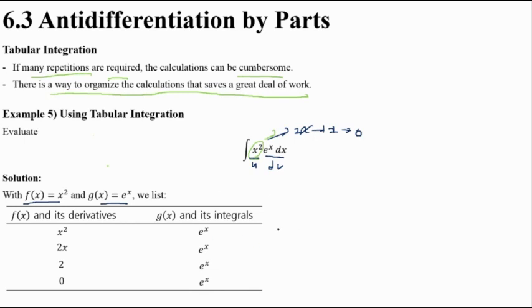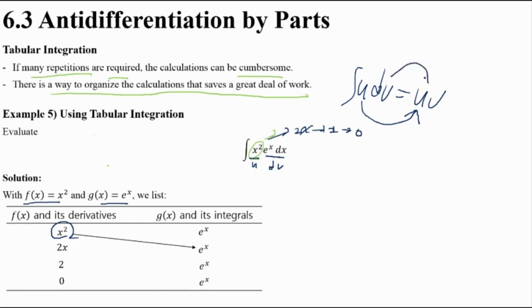Tabular integration way. So first of all, that one and second one. When you remember this one, we have u dv, first part uv, which means u just comes out, right? So that's why here first one and second one v, the integral of that one, right?